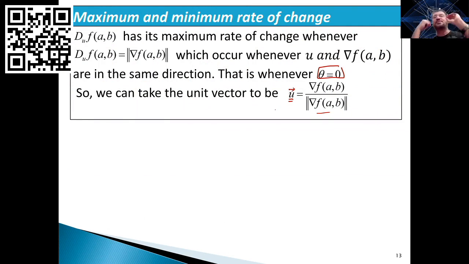So in order for us to find the maximum speed of an object moving on the surface z equals f of x y, how do you find this? Simply, it's the magnitude of the gradient at that point. This is the maximum speed. In which direction are we going? This is going to happen only if the object is moving in the direction of what?